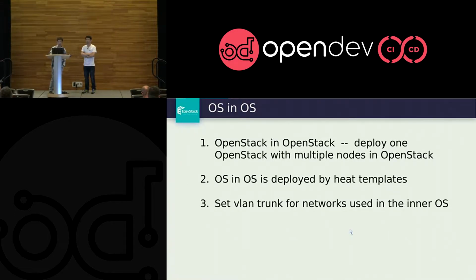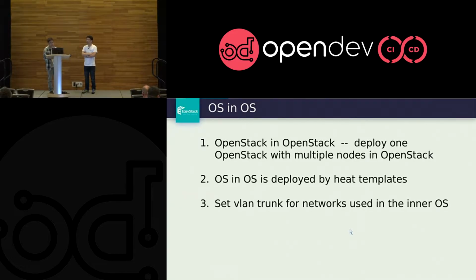Okay, OS in OS, which is meant to support our CI. OS in OS is OpenStack in OpenStack, just like DevStack, but it's different. OS in OS deploys one OpenStack with multiple nodes in OpenStack.